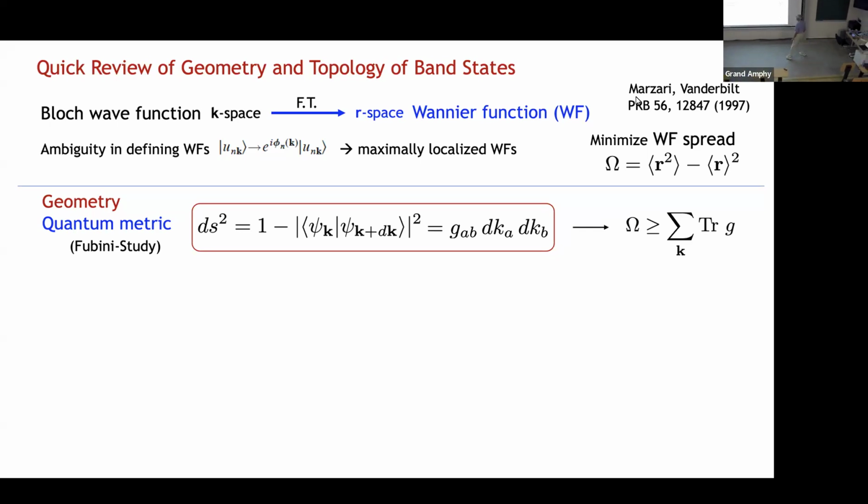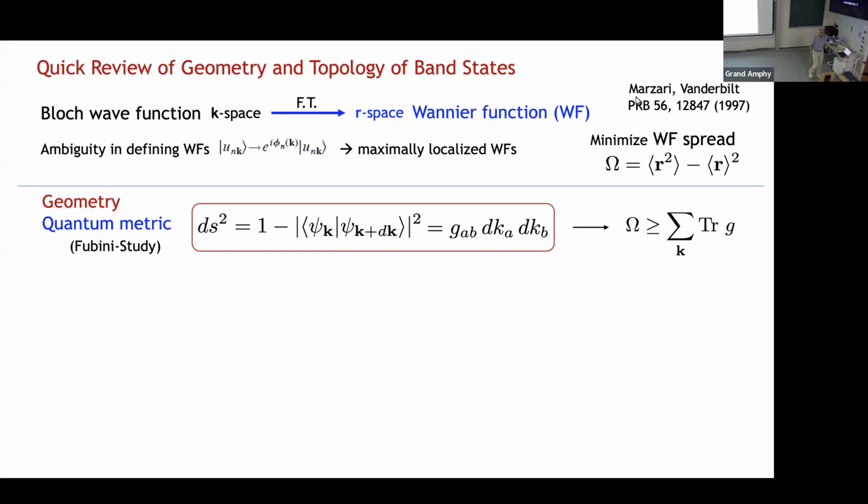What Marzari and Vanderbilt showed, and of course, as a metric tensor, it's a positive definite quantity, is that the Wannier function spread is bounded below by the sum over the Brillouin zone of the trace of the quantum metric. So if there is a non-trivial quantum geometry, you cannot squeeze this down to 0. Okay, this will come in your way. This is the best you can do. So that's how quantum geometry is going to enter into our story.